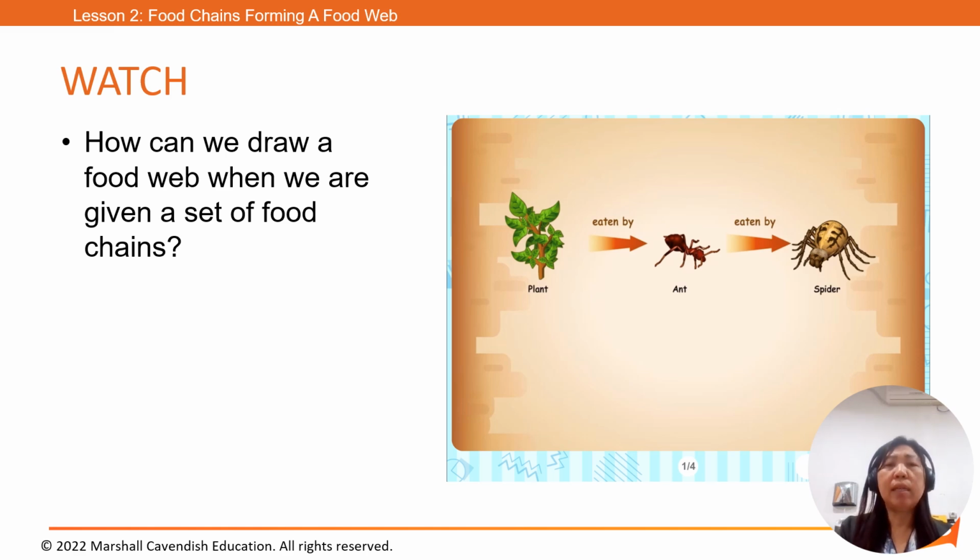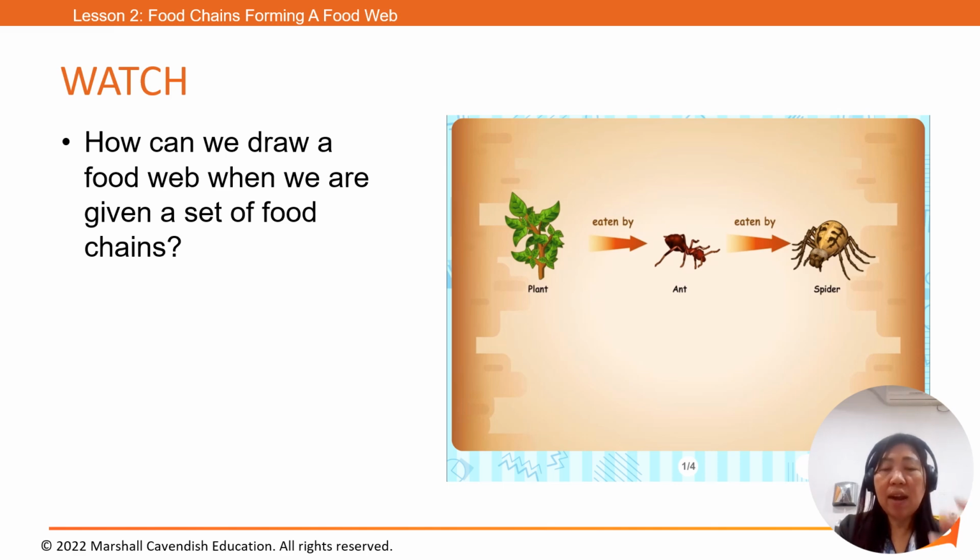So how is energy passed from the producer to consumer in a food chain or food web? When the consumers feed on the other living things in a food chain, that means the energy is passed on from the producer to consumers.